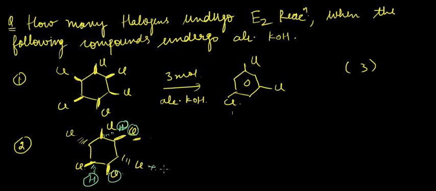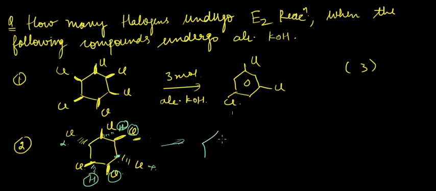Any other pair? This cannot happen, because on the alpha carbons related to this carbon position, both the positions have a chlorine group attached. Similarly, we can say for this.